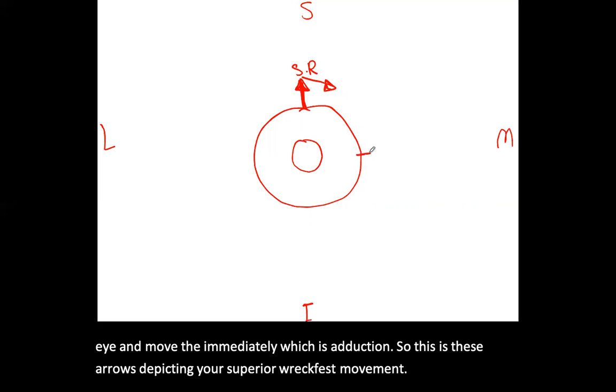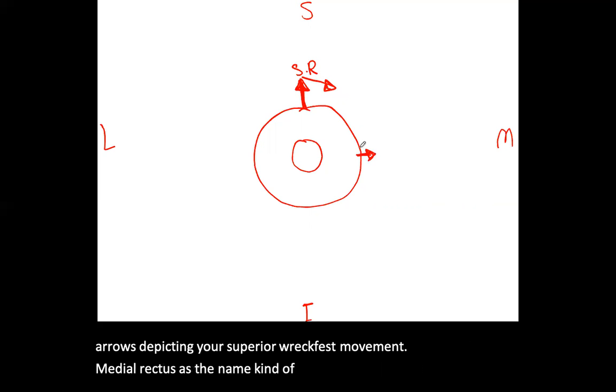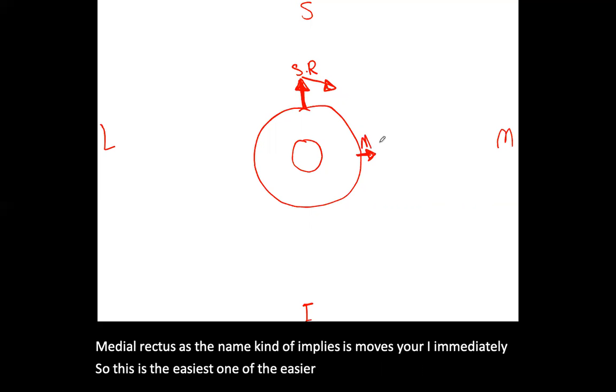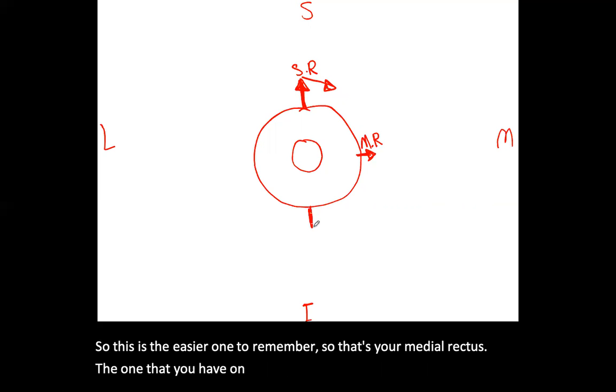The medial rectus, as the name implies, moves your eye medially. This is one of the easier ones to remember. The one you have on the bottom is your inferior rectus.